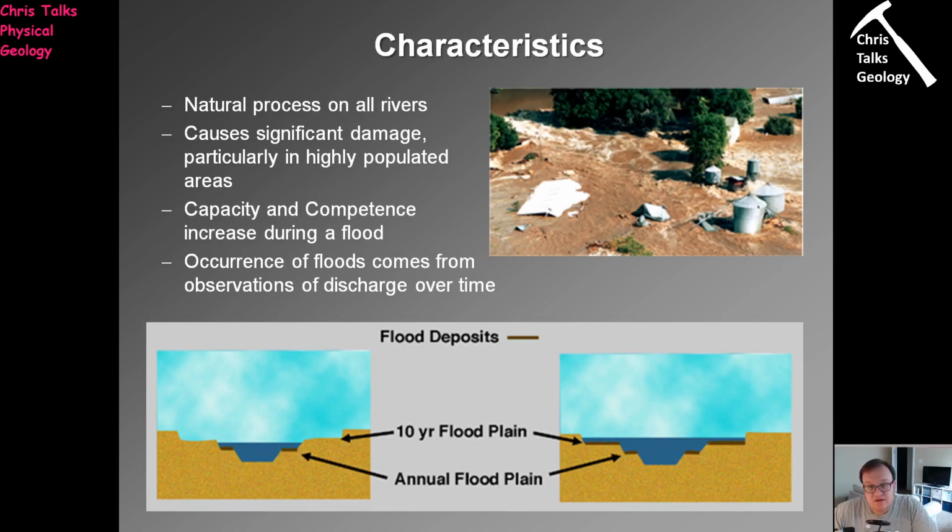The occurrence of floods comes from observations of discharge over time. So what we'll do is we'll monitor a river for years, and essentially we'll set a load of levels at which we know the river is going to flood, or we think the river is going to flood, or we think the river is perfectly normal. If you go to a river, there's a chance you may have seen a scale attached to things like bridges, and very often that scale will be color coordinated.